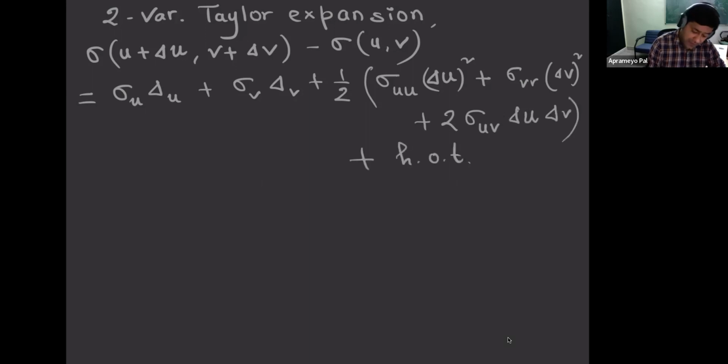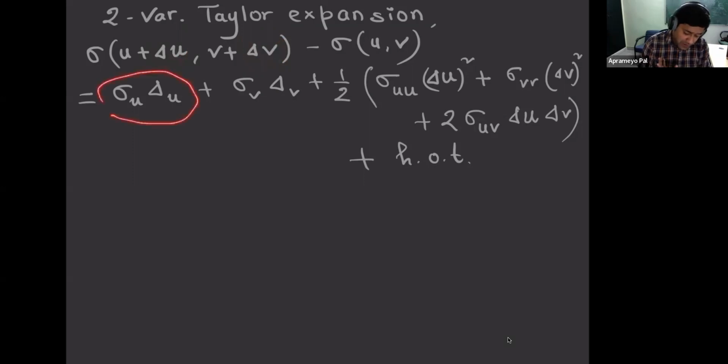Essentially here we are expanding with respect to the origin, taking a Taylor expansion along this. When we had the single variable, it was just a single variable.